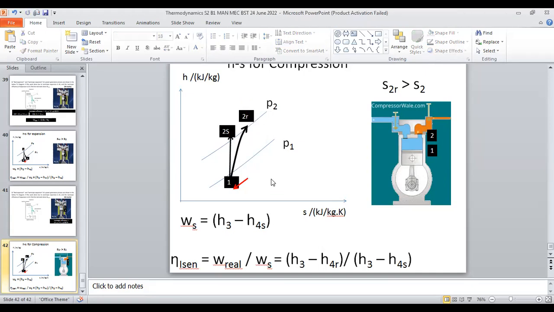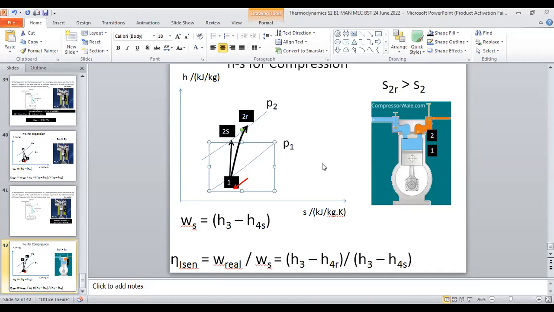Okay. So now this is the effect, bringing 2 real as much as towards the 2s. There the technology works.